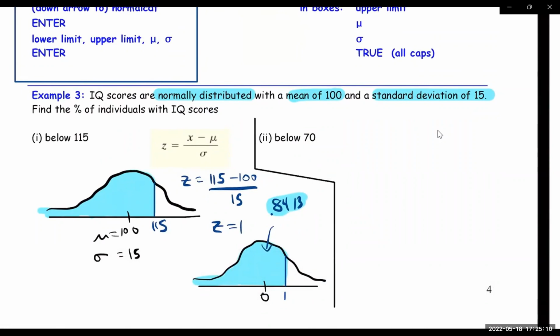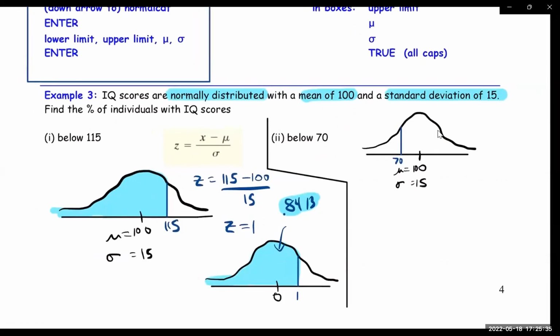All right, so the first thing you should always do is draw your distribution. The mean is 100. The standard deviation is still 15. This time they want below 70. 70 is to the left of 100, right? So this time you have to draw your line to the left of 100, because 70 is below 100.